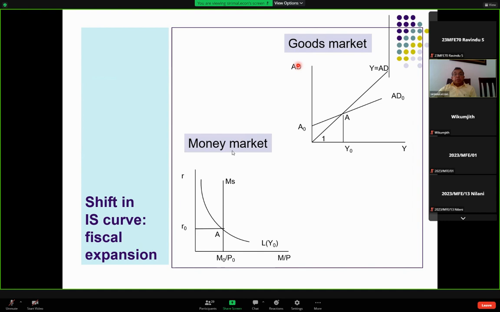The money market is the money supply, the real money stock, and the money demand, and the interaction between the two will determine the interest rate. And the real money stock is given by this ratio, nominal money stock M0 over price level P0. The equilibrium interest rate is determined here.